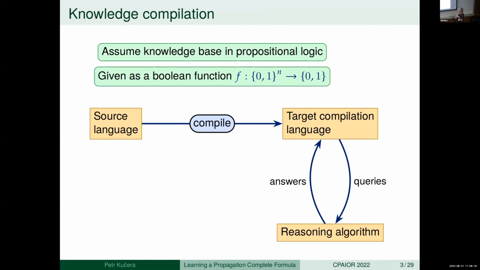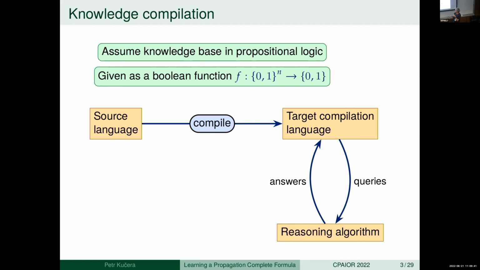So in knowledge compilation, we are usually interested in translating some kind of knowledge representation from a source language to a target compilation language, where the goal is to have the target language in such a way that we can answer queries using some reasoning algorithm.